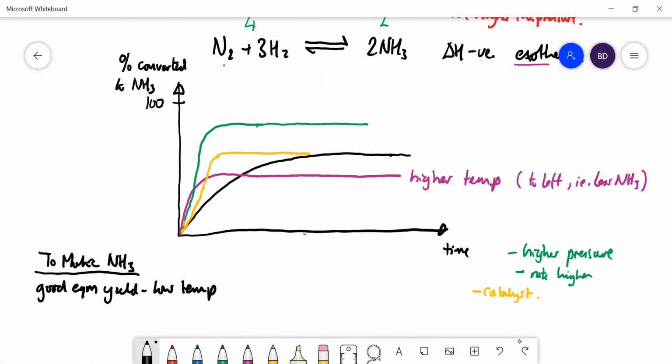But you can't use the temperature too low, because if you do, the reaction is so slow, it will take an awfully long time to reach equilibrium.